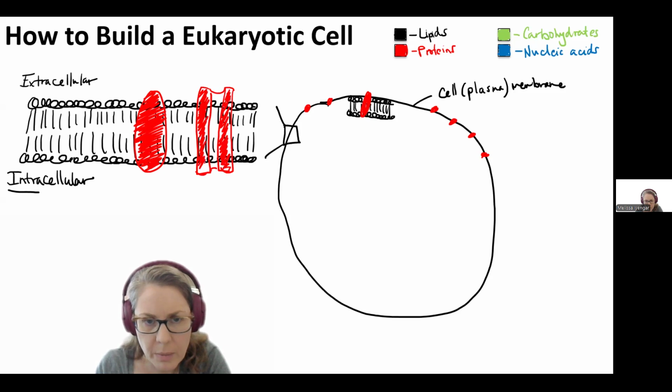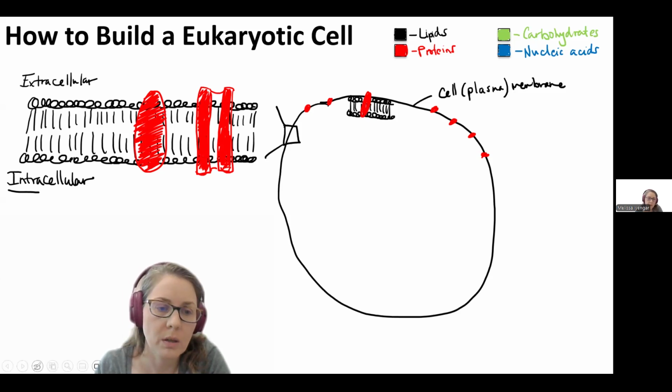These channels in the membrane oftentimes are going to allow for substances to move freely back and forth through the membrane. So, like water can be easily transported through the membrane using a protein channel.